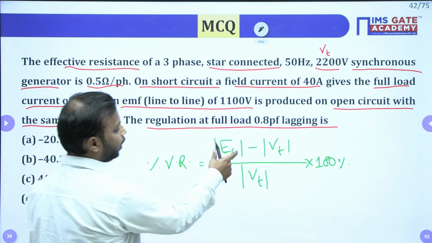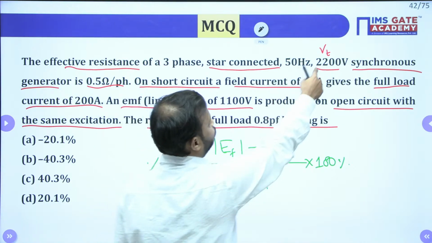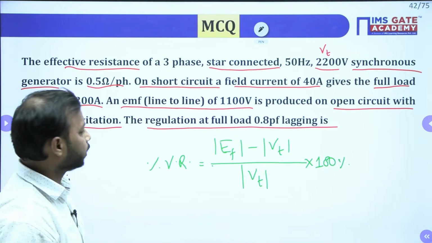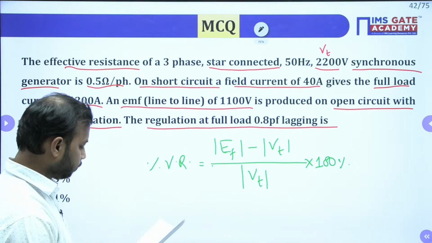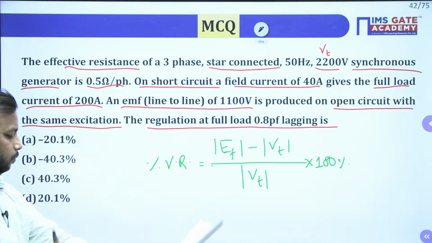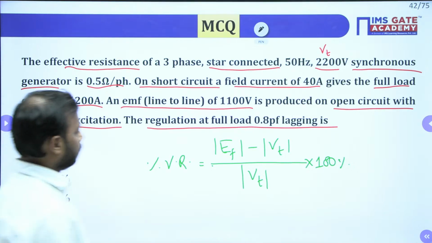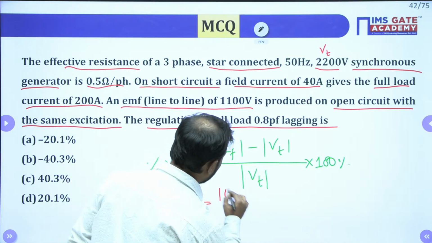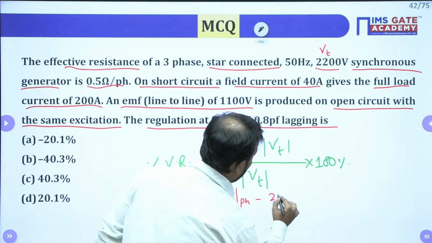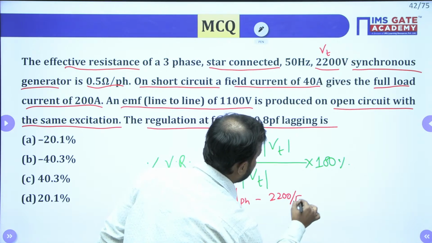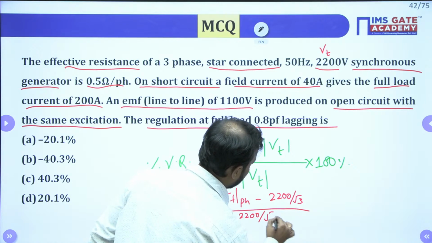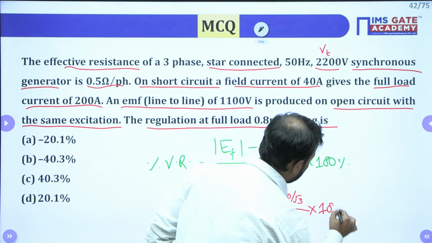So I require EF. Do we have Vt? Yes, it is given in the question: 2200, but that is a line voltage. So the magnitude of EF should be per phase, minus 2200 divided by root 3, whole divided by 2200 divided by root 3, into 100%.